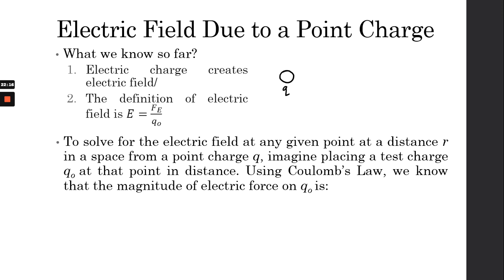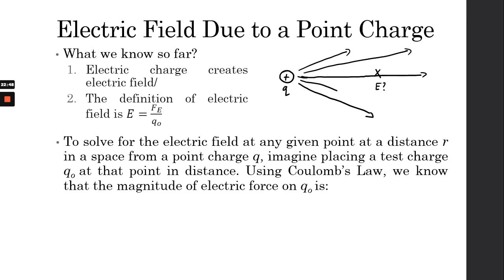And then if I want to measure the electric field at any given point at the distance r, what we can do is imagine placing a test charge. So for example, at this point right here, what is the electric field at this point? Okay, so let's imagine this as positive. So it would have some amount of electric field that is directed radially outward. So it's kind of like going everywhere.